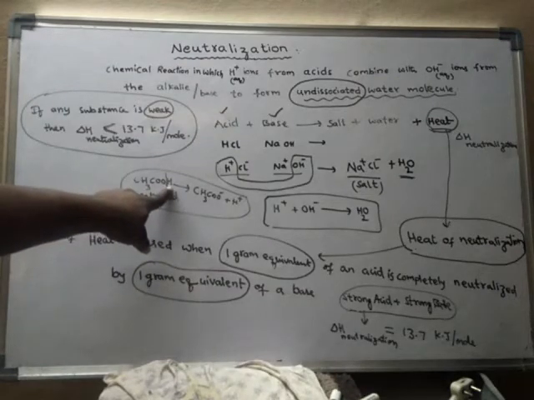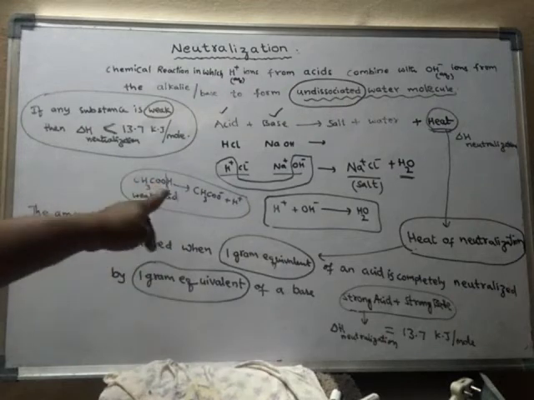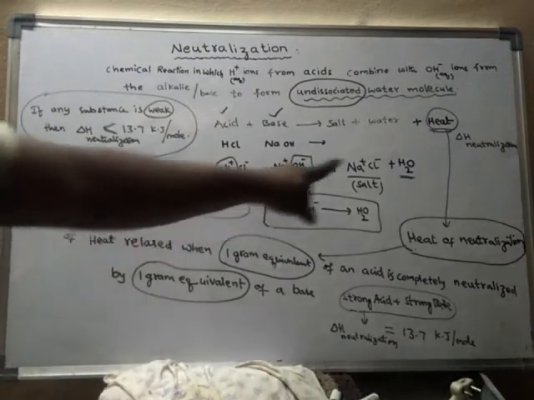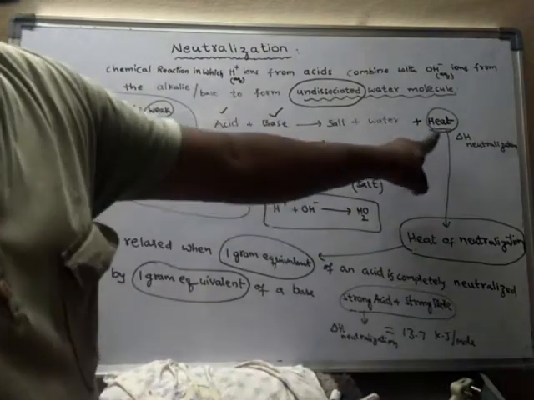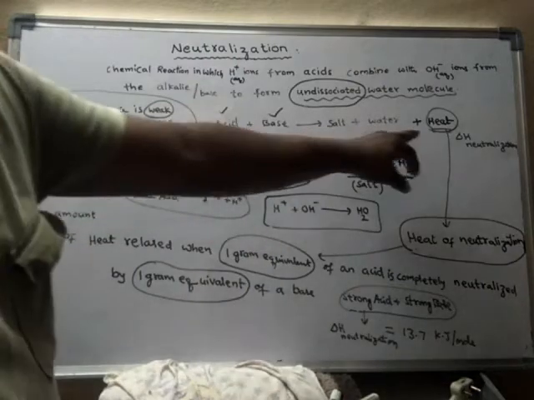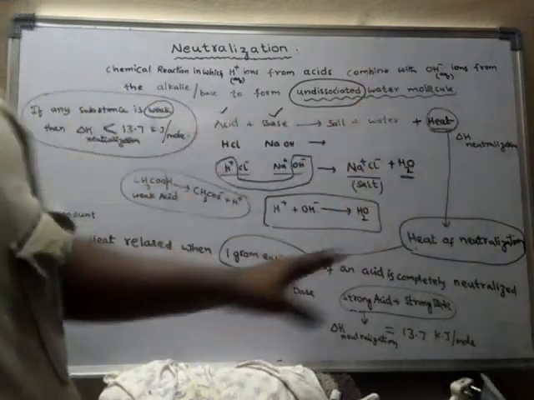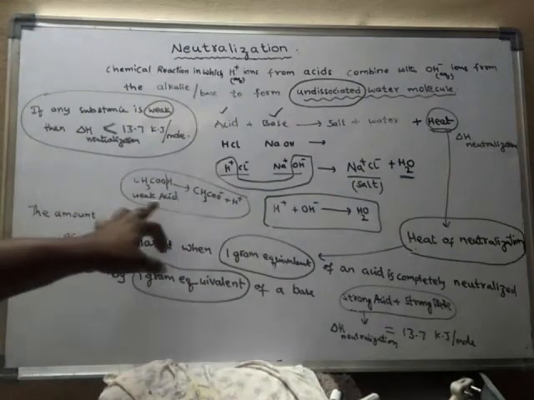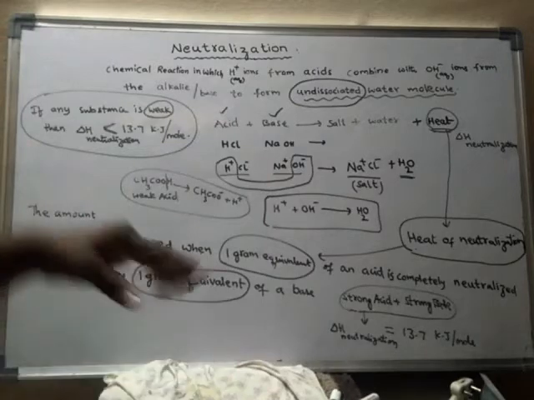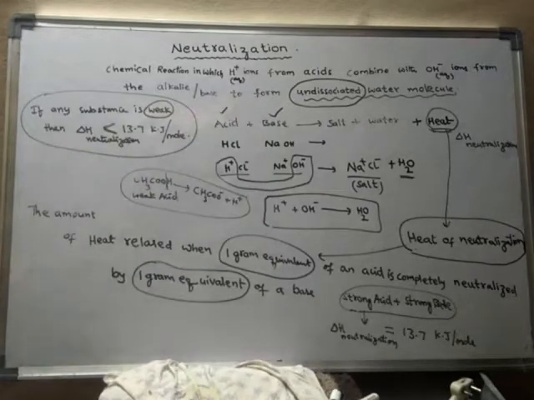So where does that heat come from? Again, it is supplied by the heat released during the neutralization reaction. So some heat released during neutralization is utilized by the other molecules of acid or base which are weak, to produce H plus ions or OH minus ions.